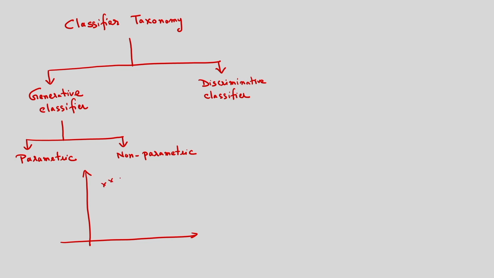Suppose these are my samples belonging to a class omega 1, and I have some samples belonging to another class omega 2, and I can determine the decision boundary between the classes. So, this is the decision boundary.